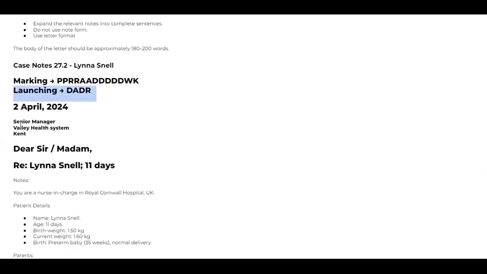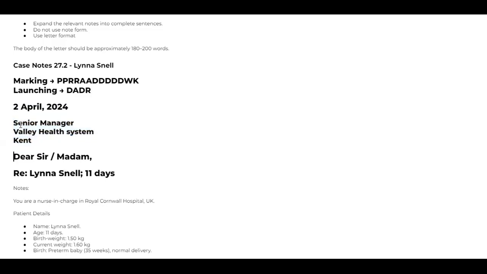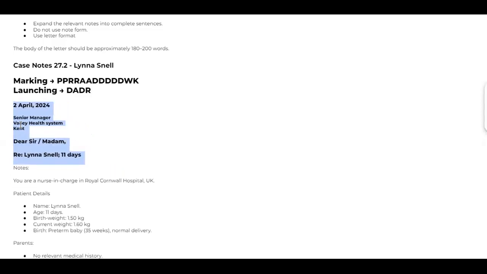So we are in the launching area now. As per the launching, we have to write D for date, A for address, and D for Dear Sir or Dear Madam, and then RE. This is the second step of writing a letter. So we have written the second step of a letter now.